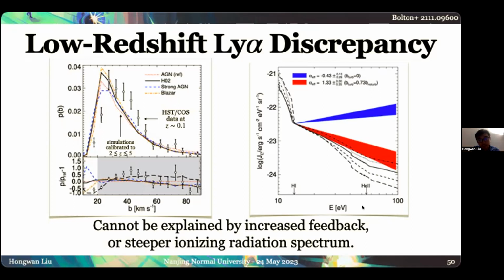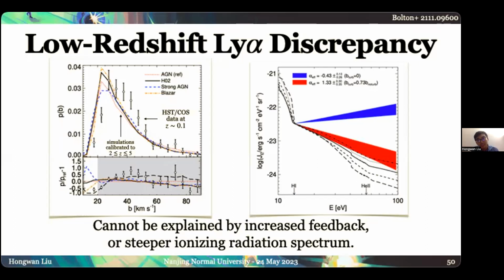On the x-axis is energy, and on the y-axis is the spectrum of UV photons emitted by these sources. You need a spectrum that looks something like what is shown in blue to achieve the additional heating. And if you notice, the spectrum in blue is rising without end to very high energies of like 100 eV and above, which is very unexpected and almost unphysical.